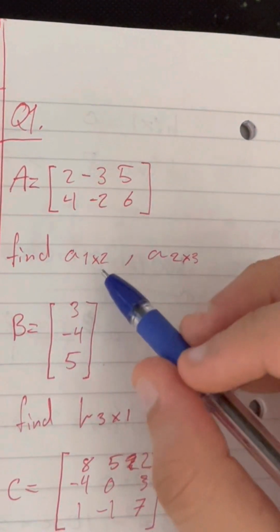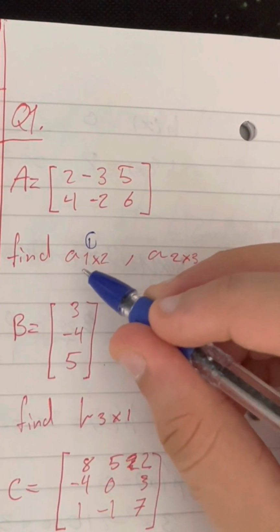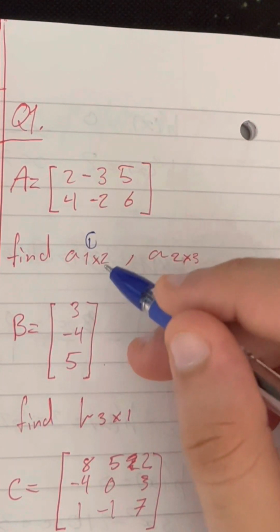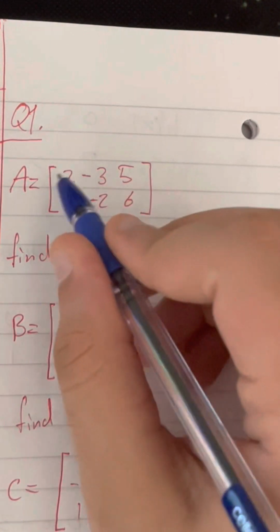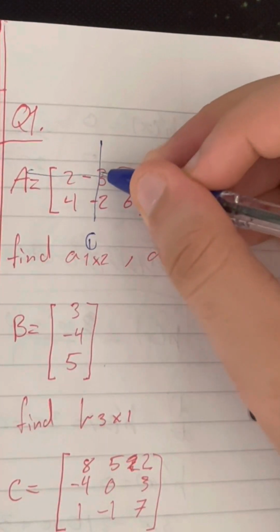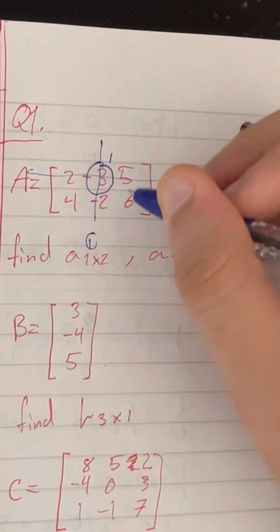For the first one, it wants us to look for an element within matrix A in the first row and the second column. This is the first row, so we go here, and here is the second column. Where it intersects, that's our element number 1.